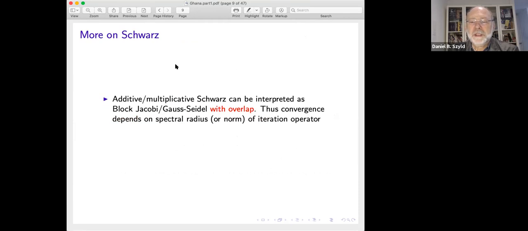Now, as a solver, what I just told you is multiplicative Schwarz. It's also additive Schwarz. And this can be interpreted as either block Jacobi or block Gauss-Seidel with overlap. You see, because we have the overlap.